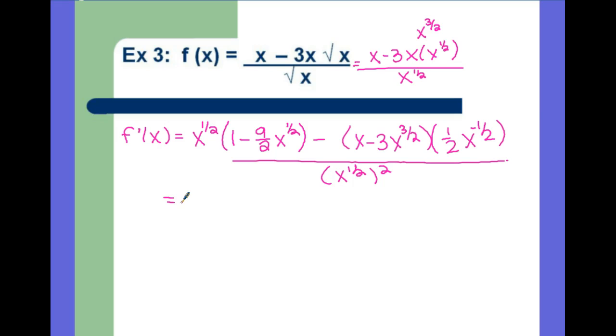Okay? Clean it up. So a half, x to the 1 half times 1 is x to the 1 half. X to the 1 half times x to the 1 half. Well, half and a half make a whole. So you get minus 9 halves x. Minus, multiply these together.